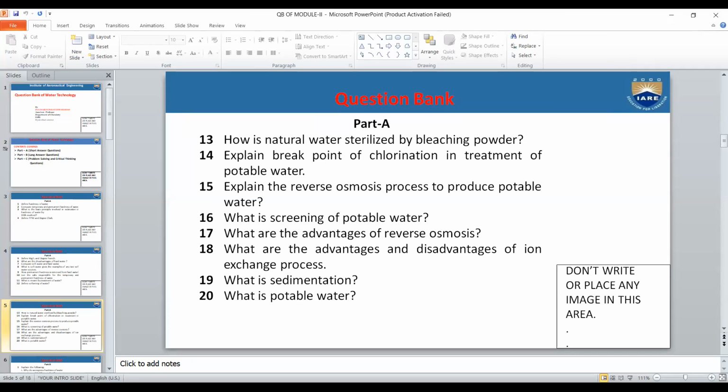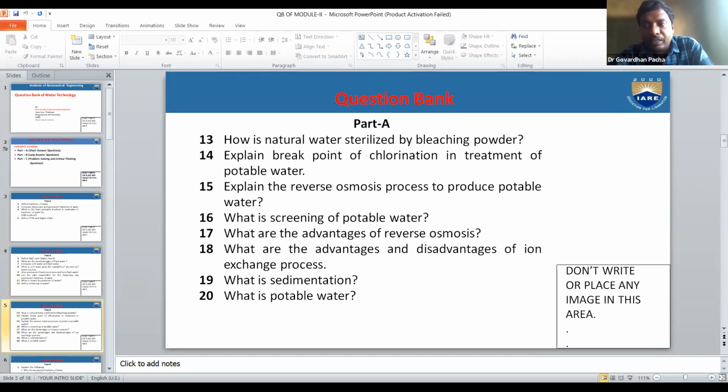Okay, ma? Next one, fourth question. Explain breakpoint chlorination in treatment of potable water. First of all, breakpoint chlorination means the point at which free residual chlorine is available.